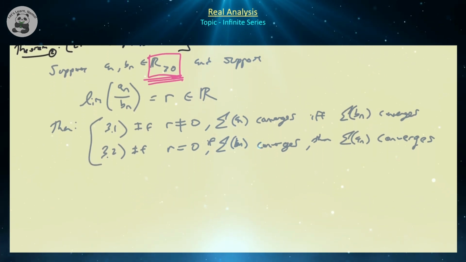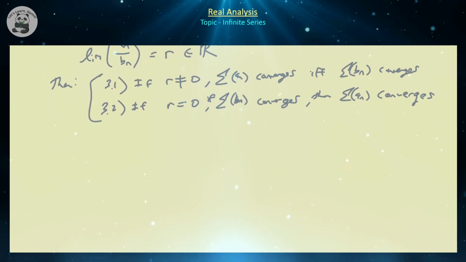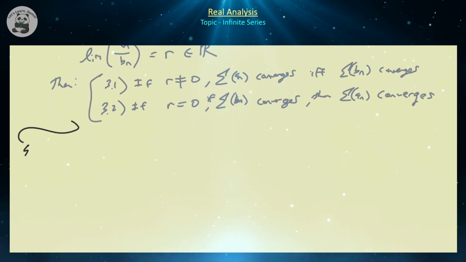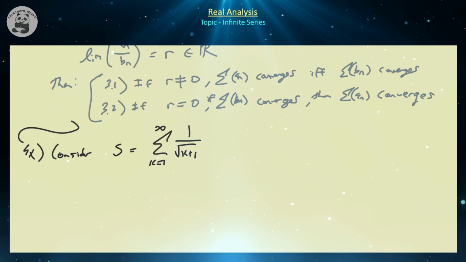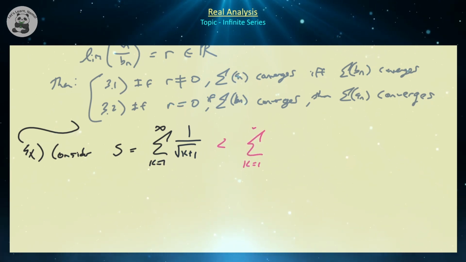Let's look at an actual example of how to use the limit comparison test, because this can get a little bit tricky if you're not comfortable with it. Consider the series S, which is equal to the sum from k equals 1 to infinity of 1 over the square root of k plus 1. You might think, can I use a comparison test for this? Maybe, because we know that that's going to be strictly less than the sum from k equals 1 to infinity of 1 over the square root of k.